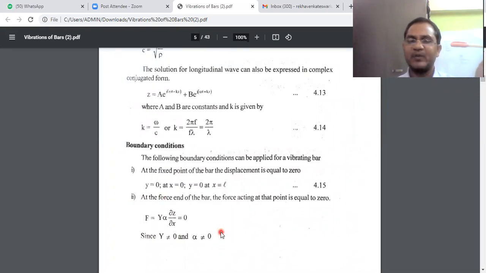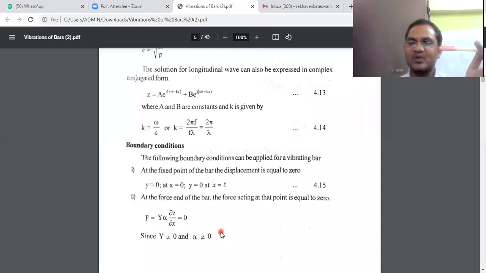At the free end boundary condition, the restoring force F is equal to 0. F is nothing but Y α ∂z/∂x. We got this expression in the previous derivation, while deriving the velocity of longitudinal wave in the bar.